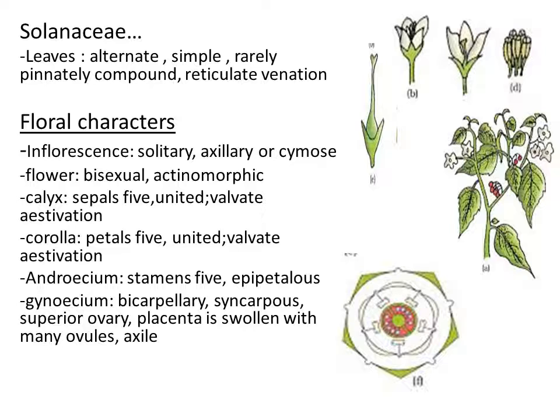What is the meaning of axial placentation? In axial placentation, the placenta is located at the center of the ovary, and ovules arise from it in the multilocular ovary. The ovary is multilocular, that means more than one locule, or chamber, is present in the ovary. Clear? So the placenta is swollen with many ovules, and the kind of placentation is axial.